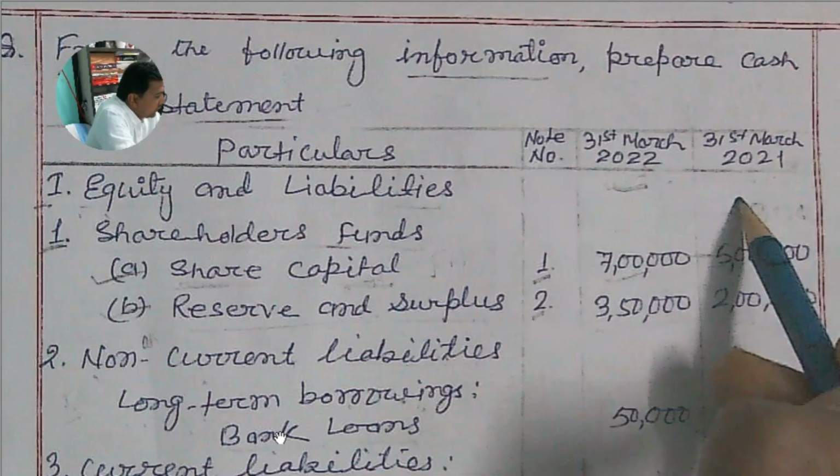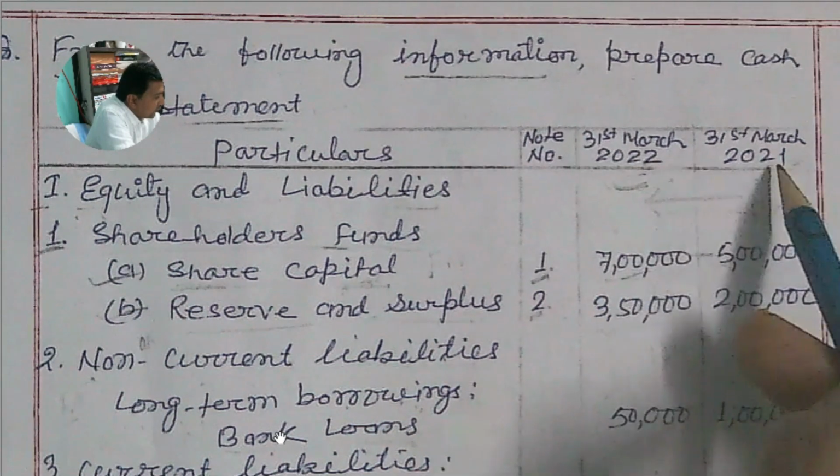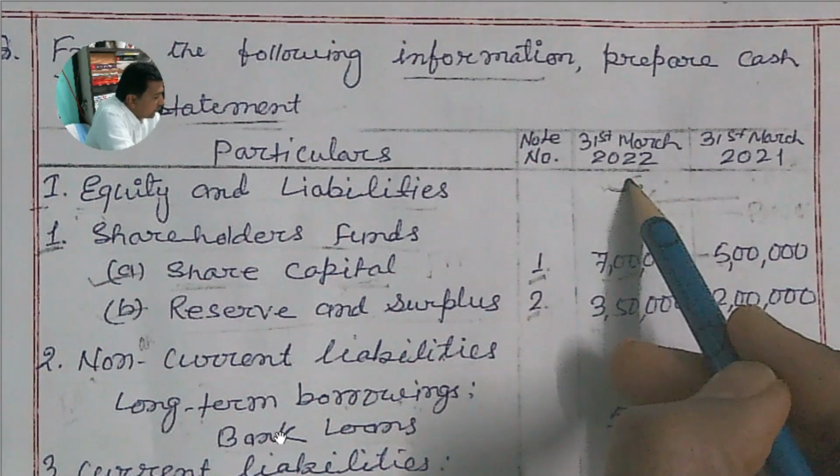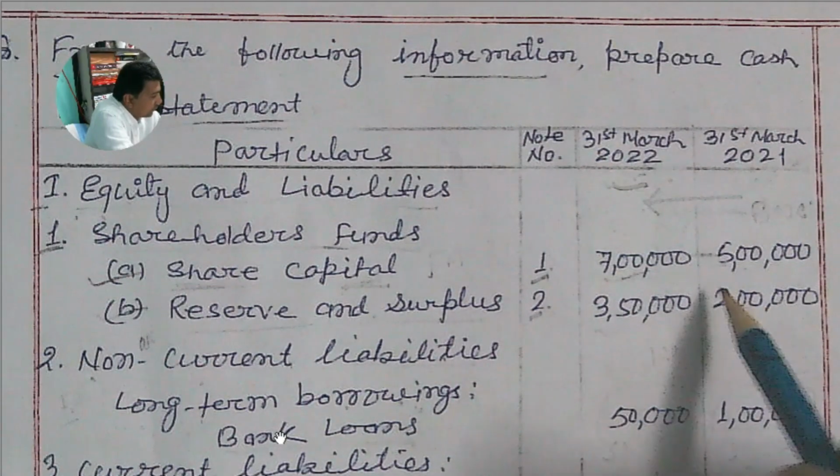So from these we have to see the inflow or outflow of cash from 21 to 22.